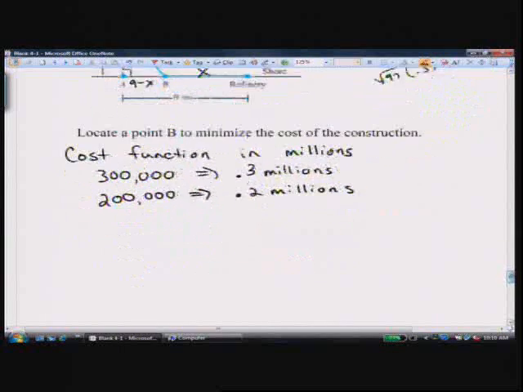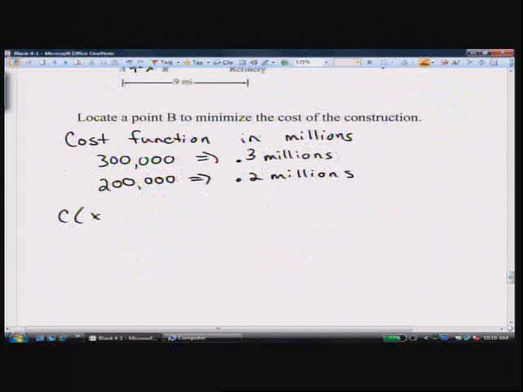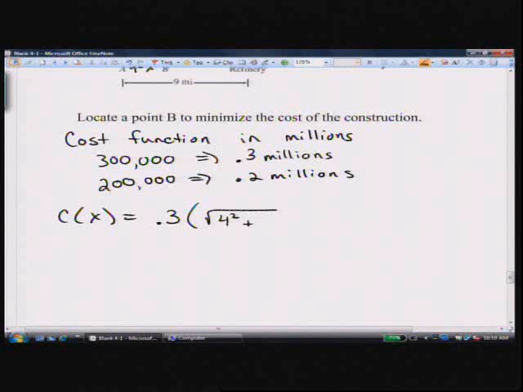All right. So my cost function is equal to 0.3 times the square root of 4 squared plus 9 minus X quantity squared, plus 0.2X. Right? And what's my domain?